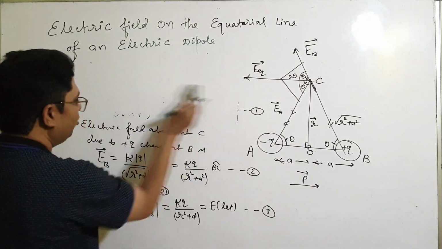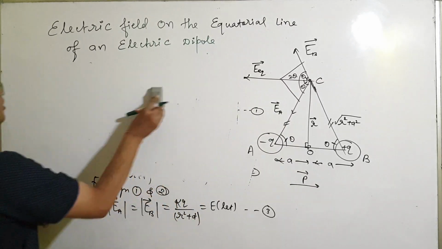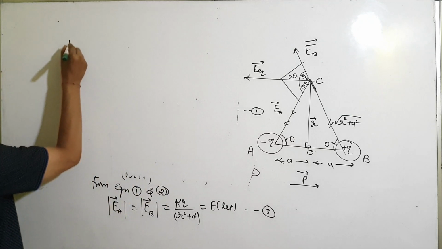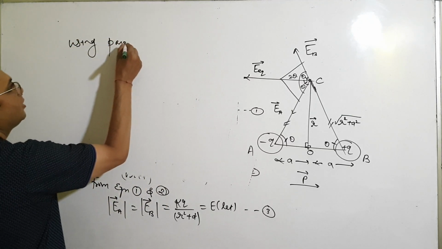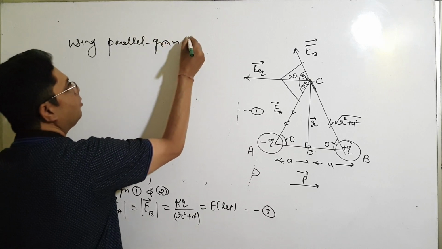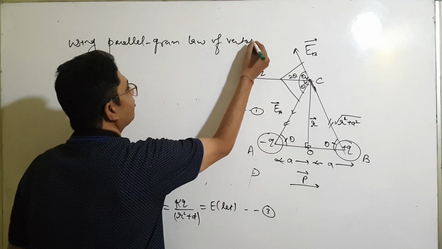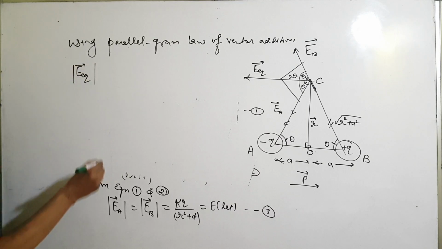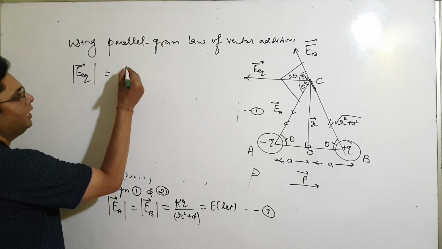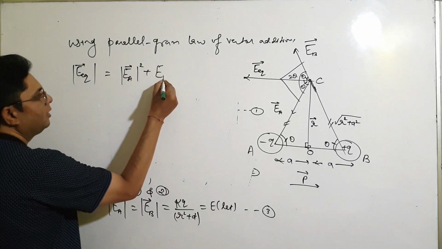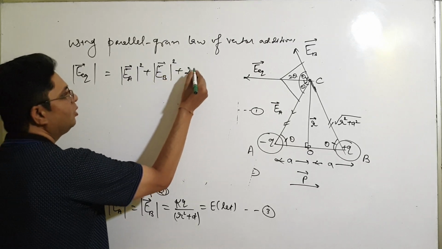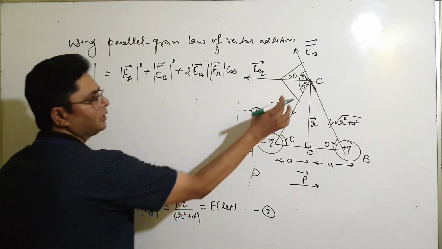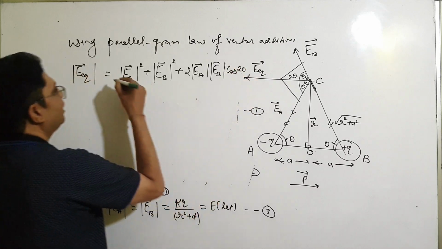So using the parallelogram law of vector addition, you have E equatorial magnitude equals the square root of EA magnitude square plus EB magnitude square plus 2 EA EB cos of 2 theta. This angle is 2 theta.